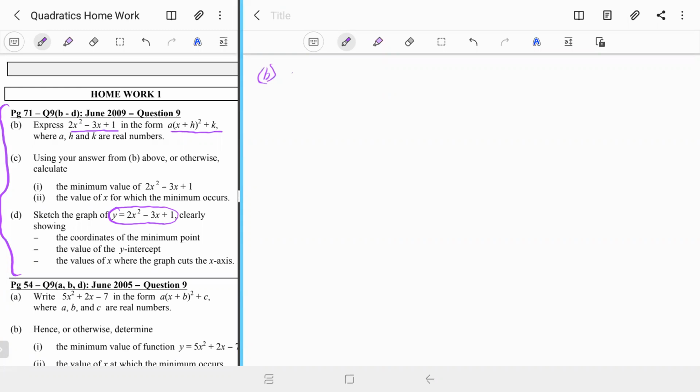Let y be equal to 2x squared minus 3x plus 1. When I complete the square, I'm going to use y equals a(x - xt) squared plus yt, even though they gave me a, h, and k.